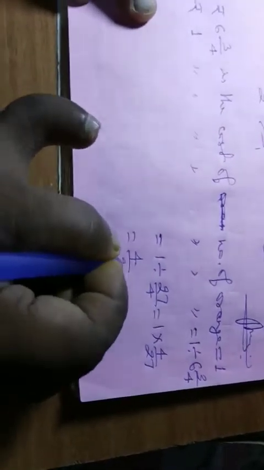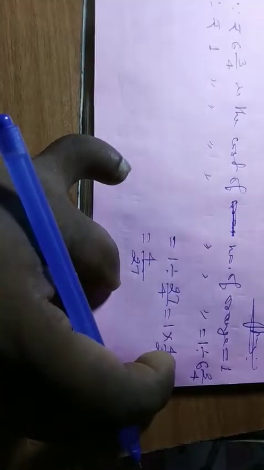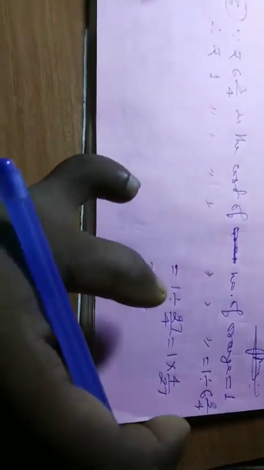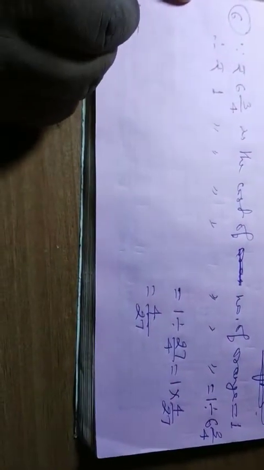So 1 multiplied 4 by 27, therefore 4 by 27 is the number of oranges that is getting in the rupees 1.